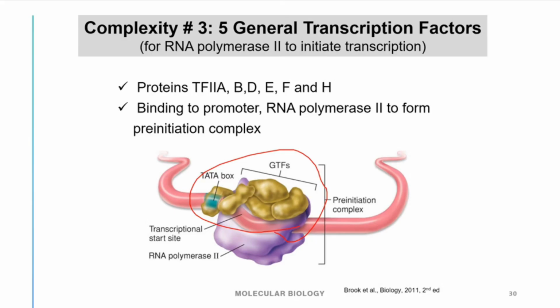When they assemble together with RNA polymerase II at the transcription start site, they form a pre-initiation complex. Only with the formation of a pre-initiation complex can the initiation process actually take place.